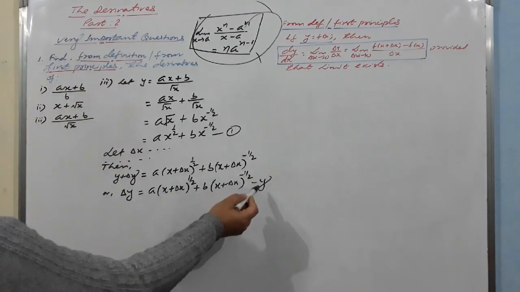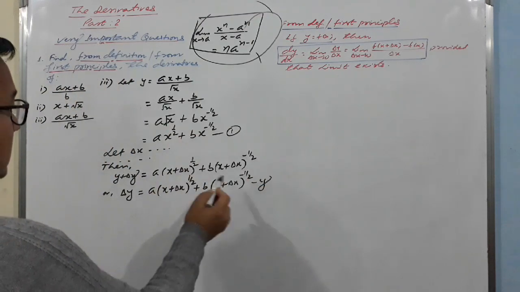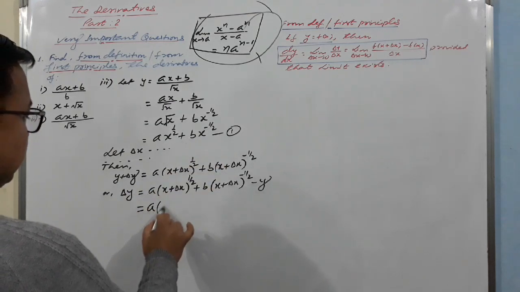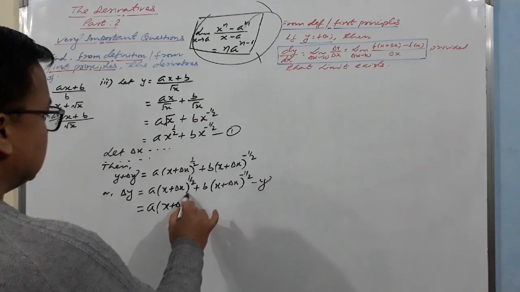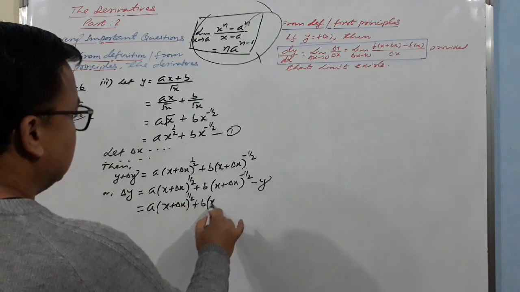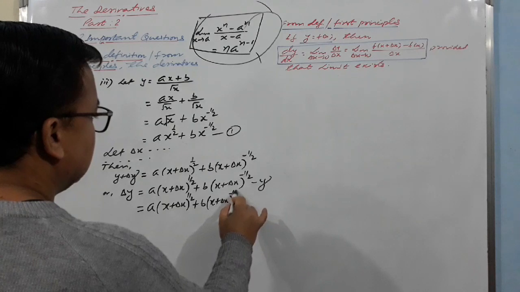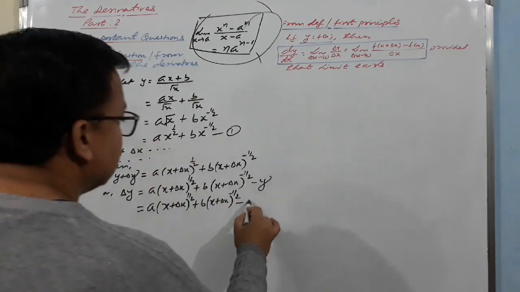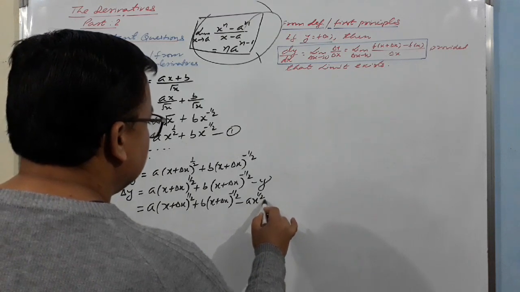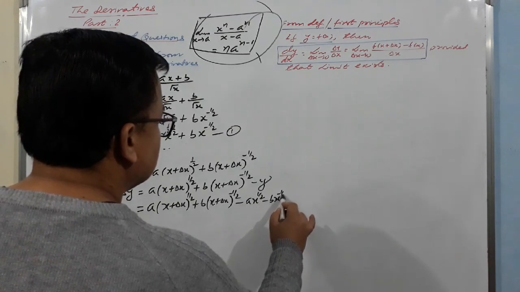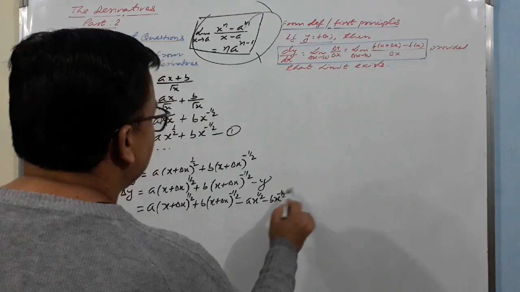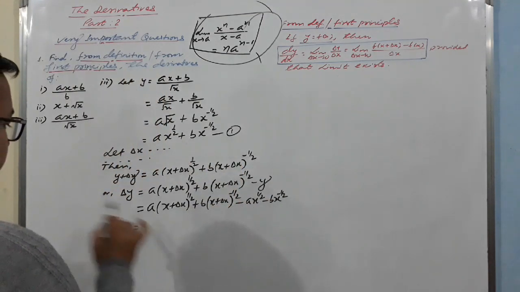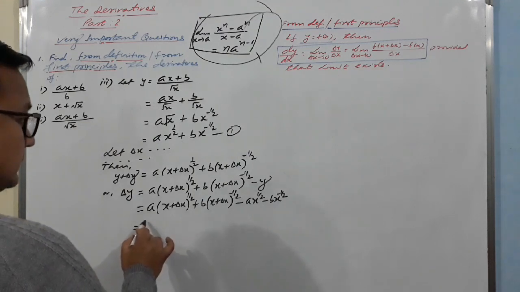So let's plug in the value of y from first. You will get here a (x plus delta x) raised to 1 by 2 plus b (x plus delta x) raised to minus 1 by 2 minus y, a negative sign, so the sign will be changed: minus a x raised to 1 by 2 minus b x raised to minus 1 by 2. So using first you can write here, otherwise no need also, for convenience.